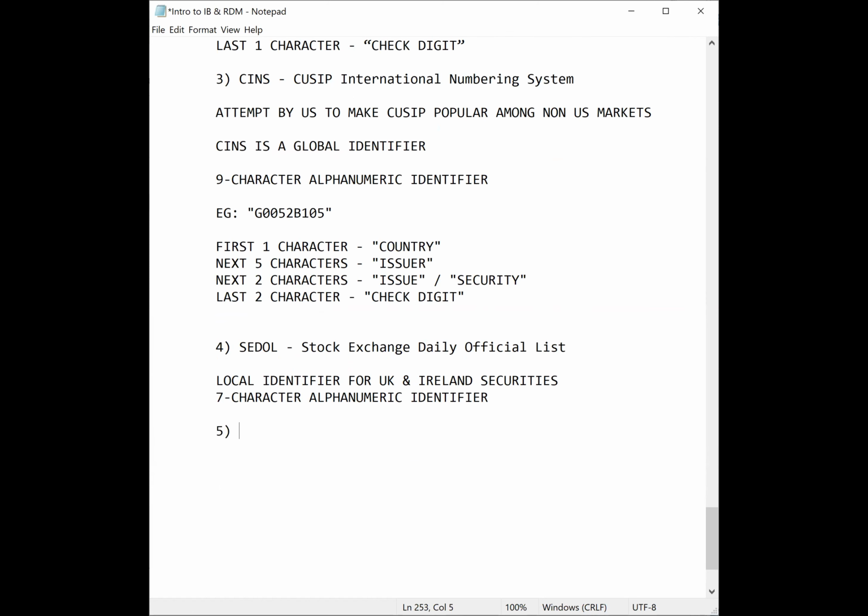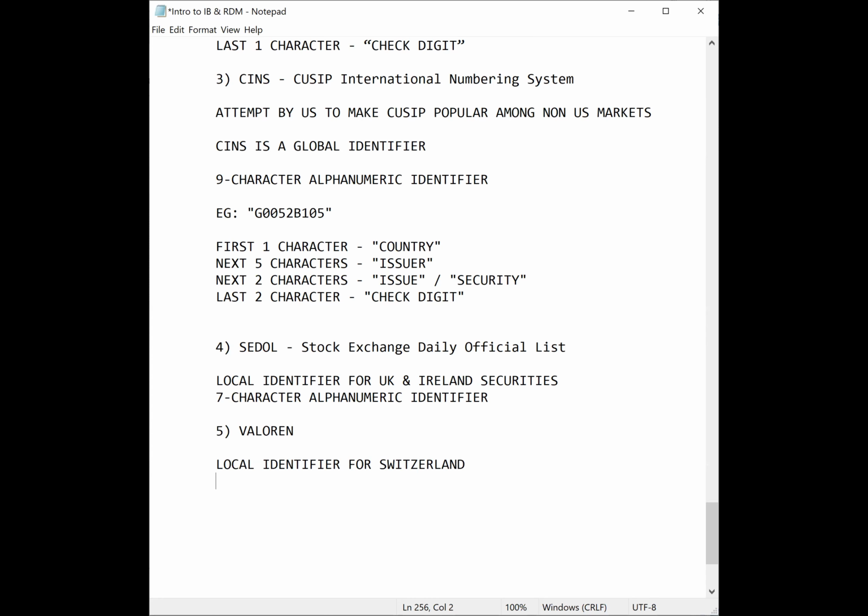Similarly, we have Valoren. It is a local identifier for Switzerland. We're just talking about some of the popular ones. There can be many, right? And you don't need to know all these.